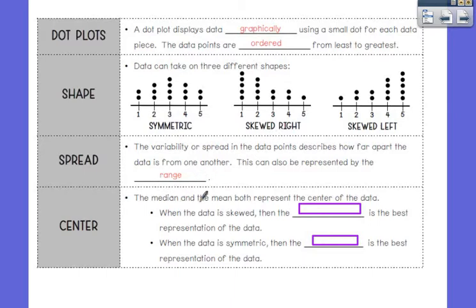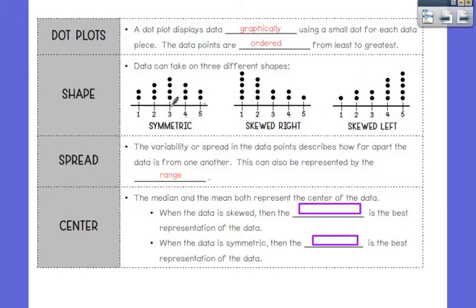Right, the median and mean both represent the center of the data. The median is your middle number. The mean is the average of all your numbers. So your middle number here and your mean probably could be something different because you have more data points over to the right.